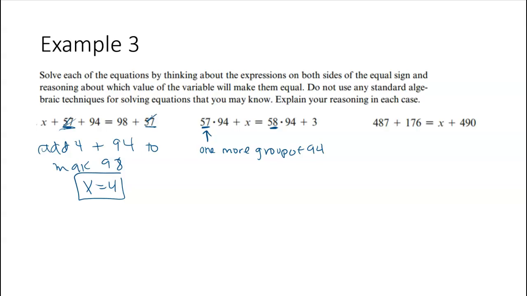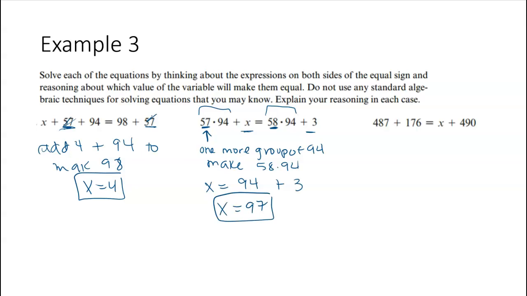They're both being multiplied by 94. So we need one more group of 94, and that would make 58 times 94. Then those two would be equal. And then that plus x would be the same as plus 3. So that means x is equal to one more group of 94, which would be 94 plus 3. That 3, we would get x equals 97.